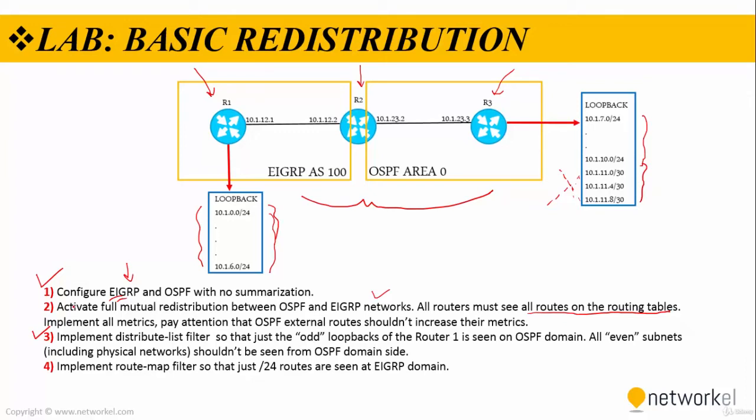I'm going to implement a route map filter so that just the /24 routes are seen at the EIGRP domain. So what I'm going to do here is define a prefix list this time.